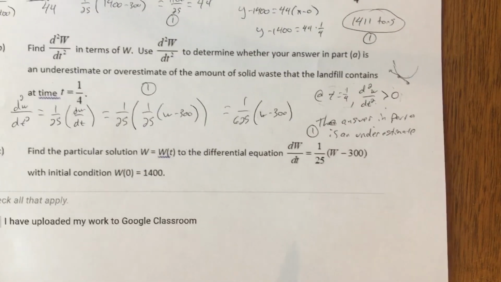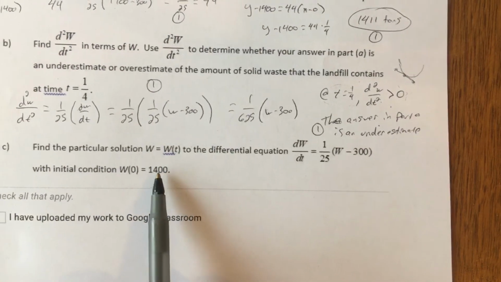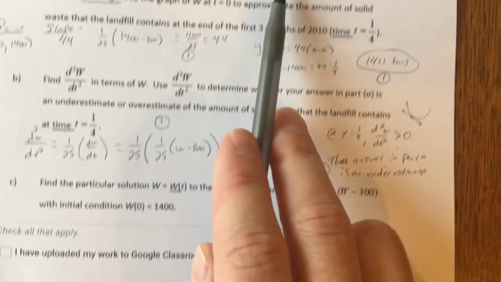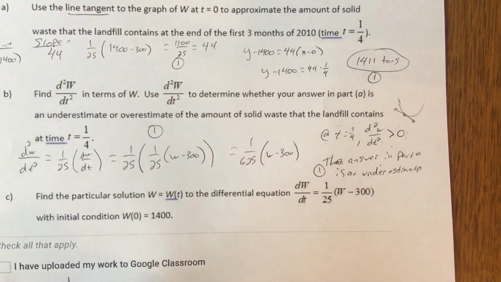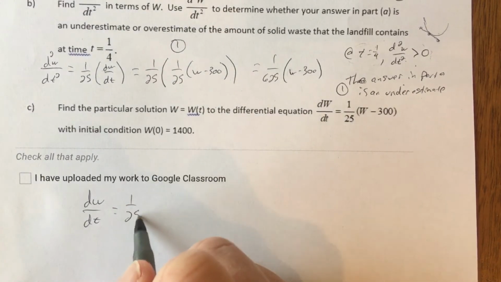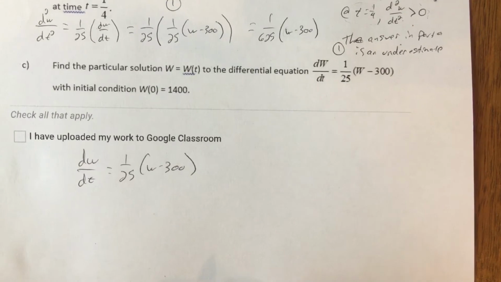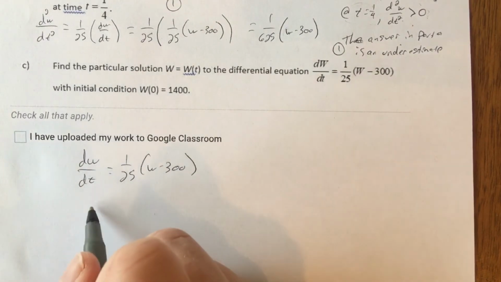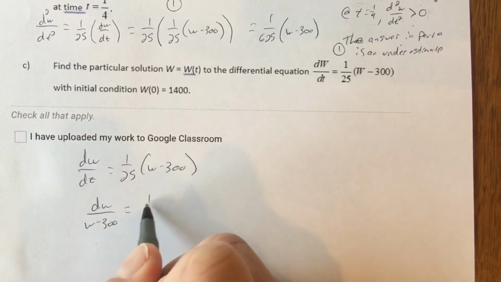Okay. Then the last thing here is to find the particular solution. So this is that separation, what we were doing last week. So we're going to take our initial dw dt equal to 1/25 (w minus 300). Okay, and what we're going to do now is we're going to separate it. So I'm going to bring the w minus 300 over here, bring the dt over there.